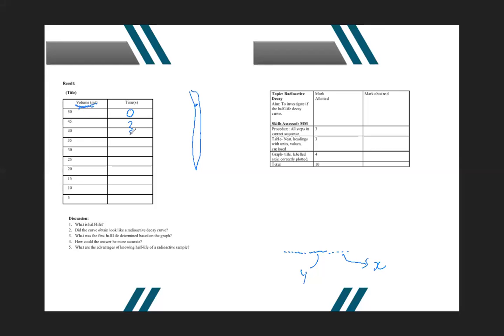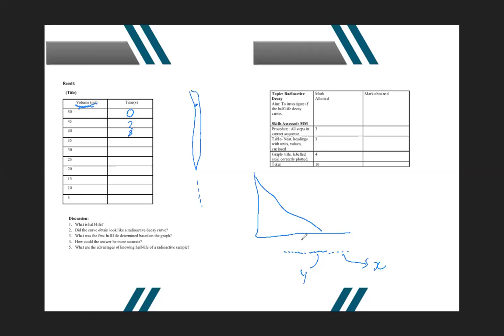At 8 seconds, there were 40 milliliters left in our burette. So that continues down, and our burette is continuously dripping. So we'll draw a graph looking something like this. Our graph should go in this way, something like this.